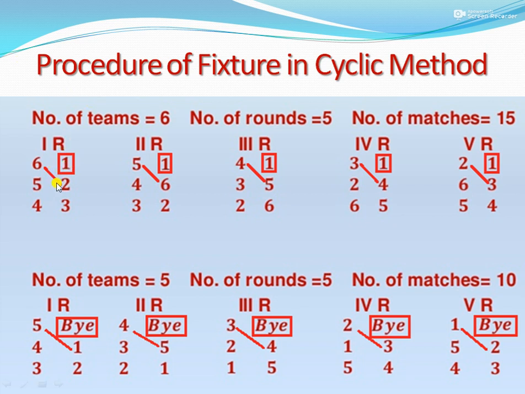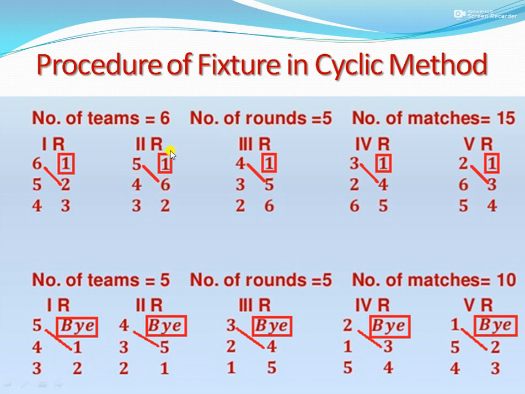Now look here, we write the numbers clockwise and rotate the other numbers clockwise. We will not rotate the team which we have fixed. Here team 1 is fixed, it will not rotate with the circle. In the second round, the 6 will rotate here, they will shift one place, with clockwise rotation.